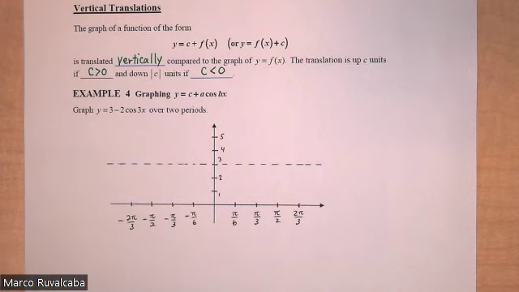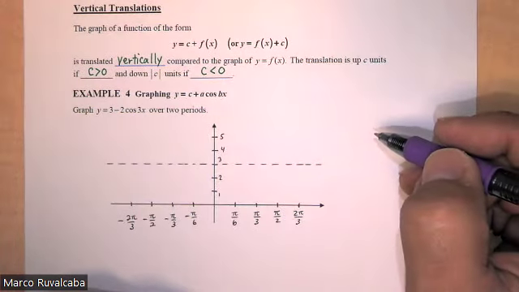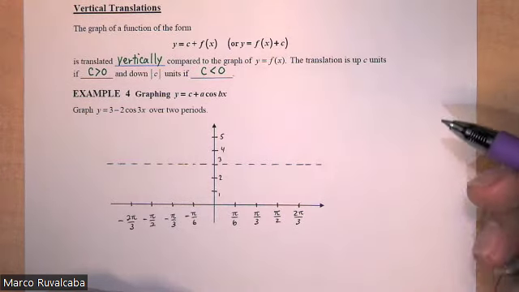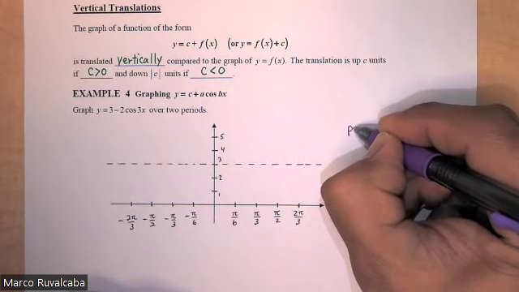So if we look at this one, we solve it exactly like the other ones, right? But at the end, we're going to have a three to deal with. So the period for this one, if you remember from the previous lesson, the period.